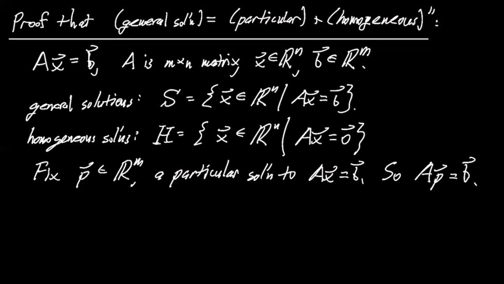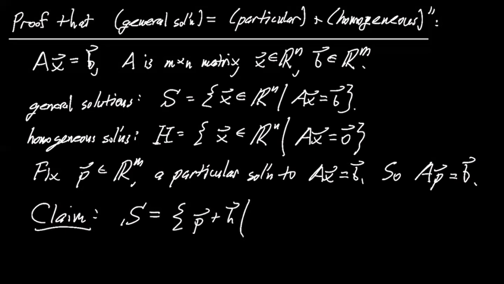And the claim is that we could rewrite this S as the set of all things of the form P plus little h, where little h is a homogeneous solution, so it's in big H.